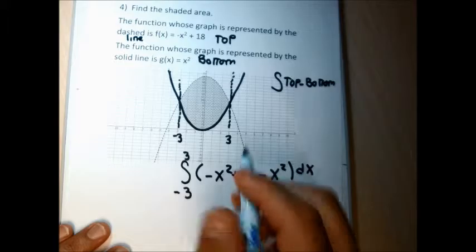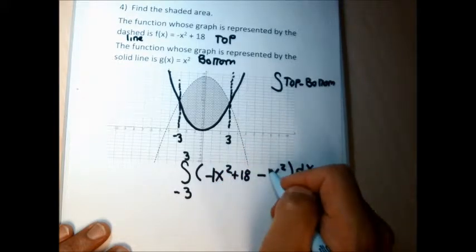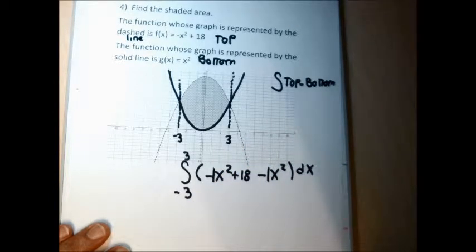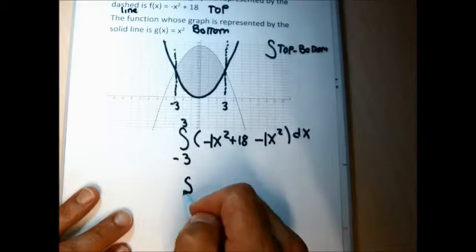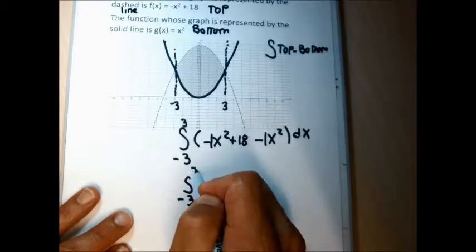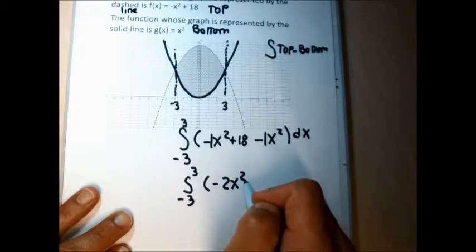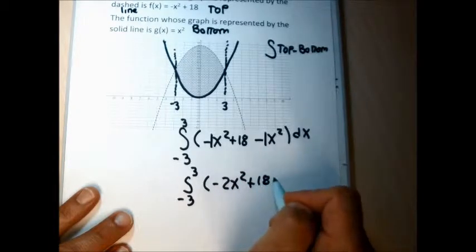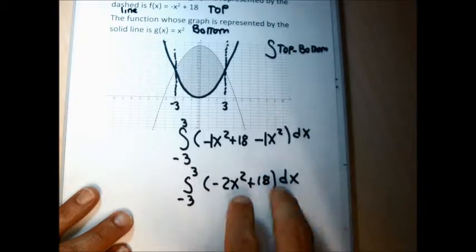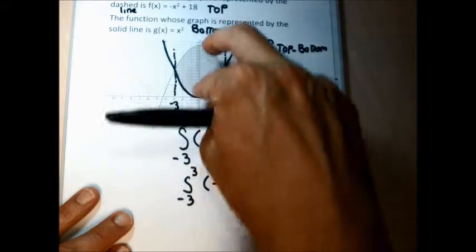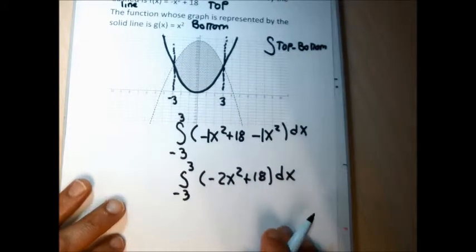These two negative x squareds don't cancel. This is a negative 1x squared and a negative 1x squared. They combine to be a negative 2x squared. So in a second, I'm going to integrate from negative 3 to 3 the function negative 2x squared plus 18 dx. I'm going to get a function that has the same area as this region but doesn't look like this region.